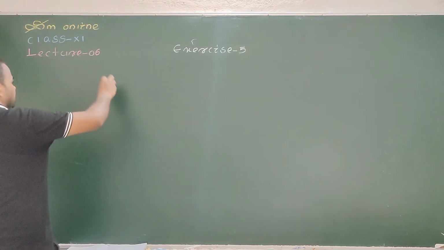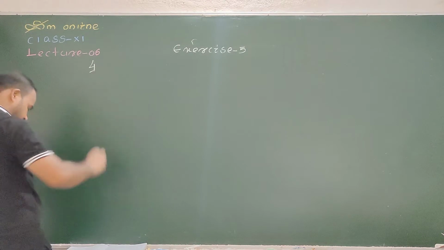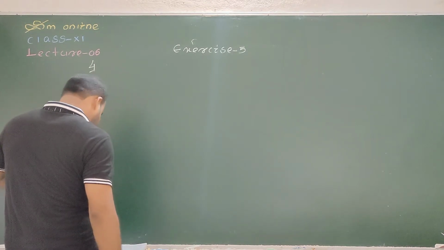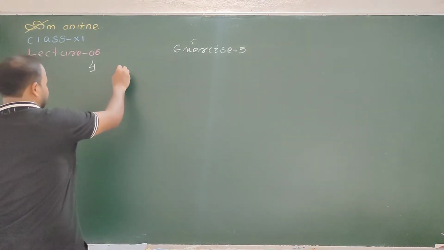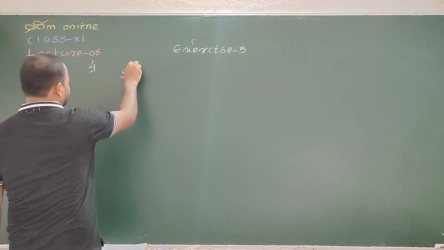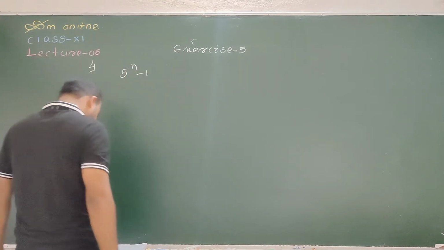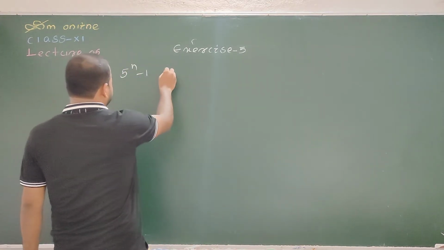Question number 4: 5 to the power n minus 1 is divisible by 4.